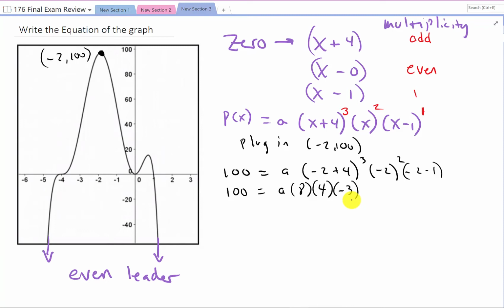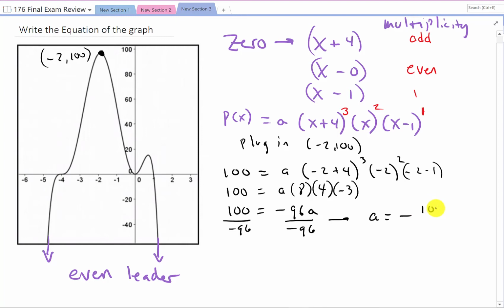I'm doing that on my calculator, and I get -96. And if I divide by -96 on both sides, I get an a number. Not a very nice number, but it is negative.